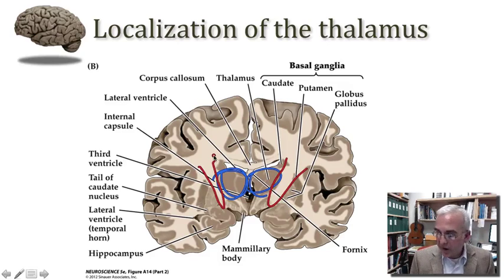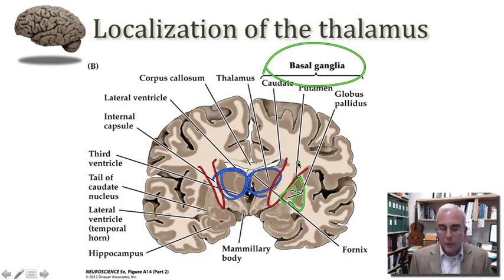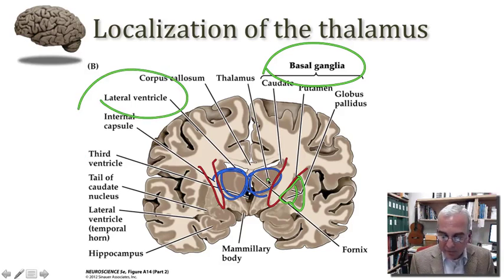And on the other side of that internal capsule are components of the basal ganglia, specifically two divisions out here called the globus pallidus and the putamen. Just above the thalamus, we find the lateral ventricle, this large space that sits just above the thalamus, but also just above the thalamus and to its lateral margin is an additional component of the basal ganglia called the caudate nucleus.